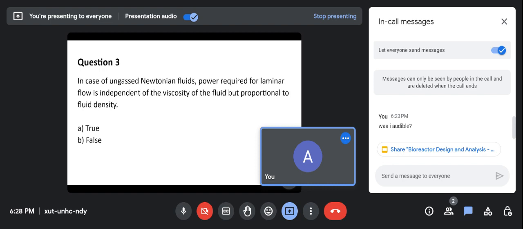Alright. So let's move on to question number 3. In case of ungassed Newtonian fluid, power required for laminar flow is independent of the viscosity of the fluid with proportion to the fluid density. Is that true or false?